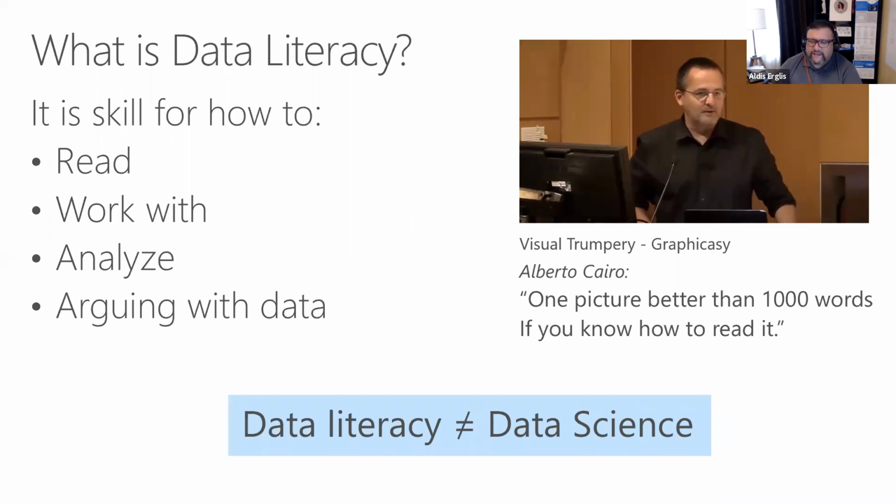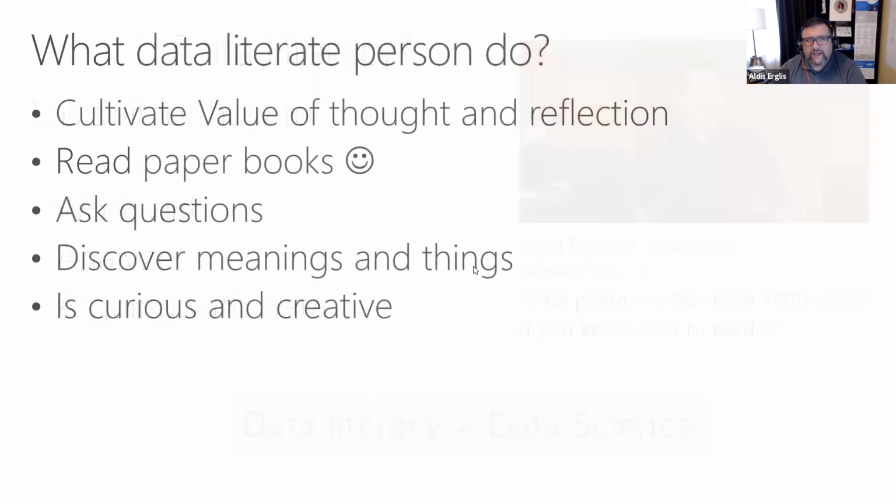He has this famous saying that one picture is better than 1,000 words. We know this part, but he added a second part: if you know how to read it. If you don't know how to read it, or what kind of data is behind it, the picture is not better than 1,000 words. And he repeats it many times.